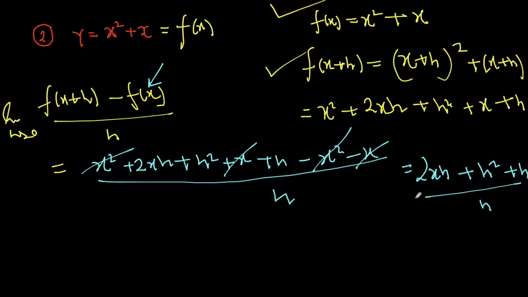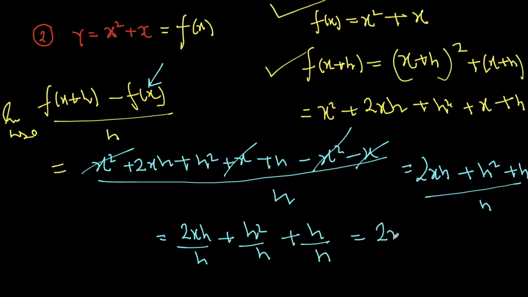Okay, so let's separate this, and you will get 2xh over h plus h square over h plus h over h. And if you do that, you will get 2x plus h plus 1.